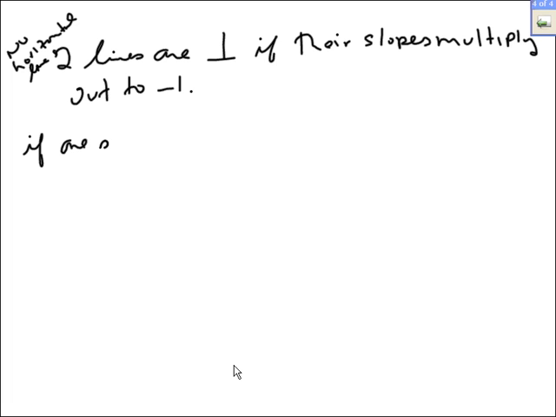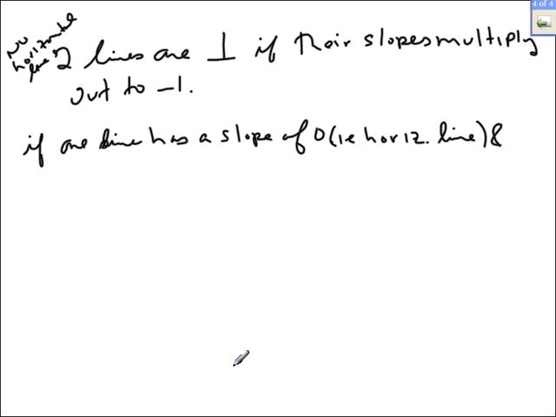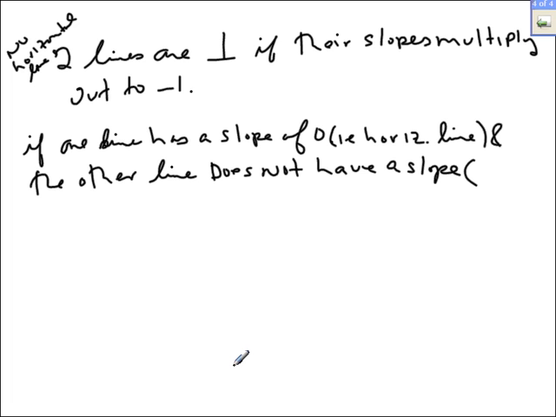If one line has a slope of 0, that is, it's horizontal, and the other line does not have a slope, that is, it's a vertical line, then the lines are perpendicular.